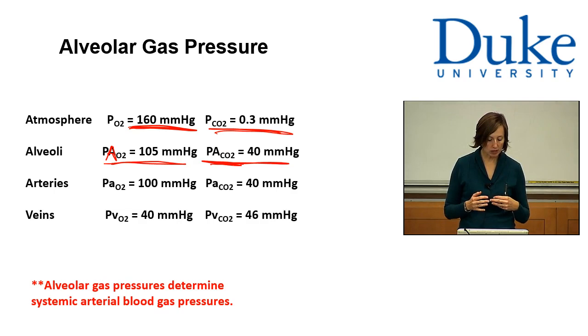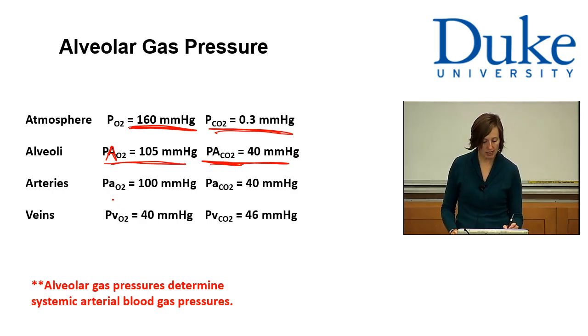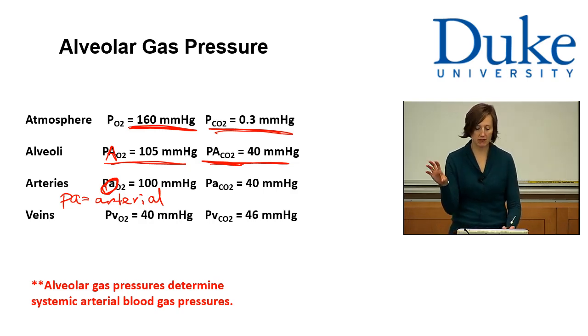Then once we look at the pressure of oxygen that's dissolved in the arterial blood, that's going to be P little a, not capitalized. So that's going to be our symbol for arterial blood, P little a. That's something to keep in mind, because I'm going to be referring to these abbreviations a fair amount.